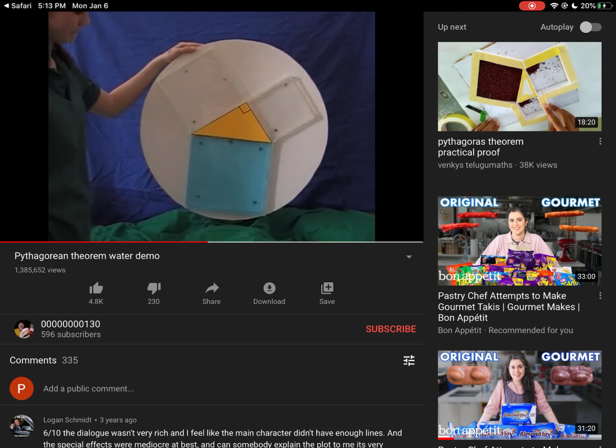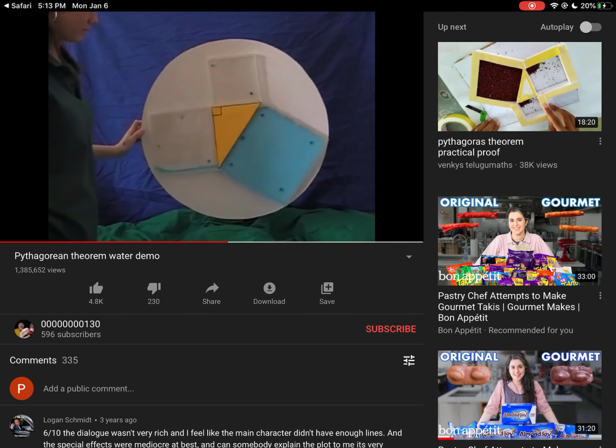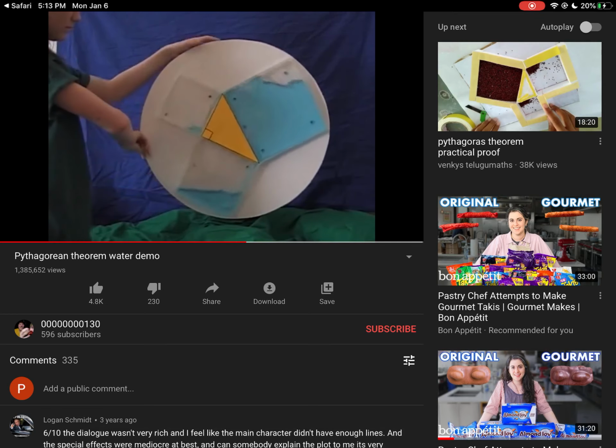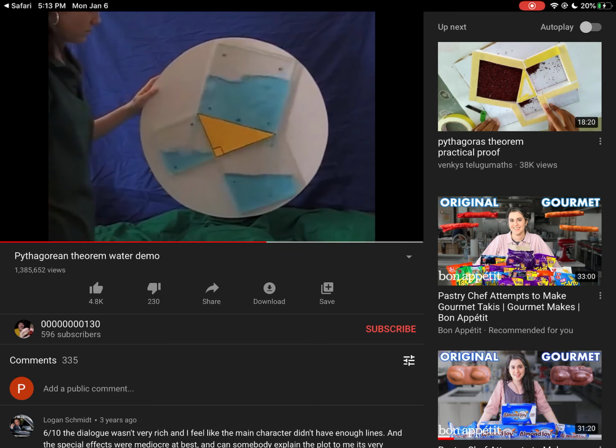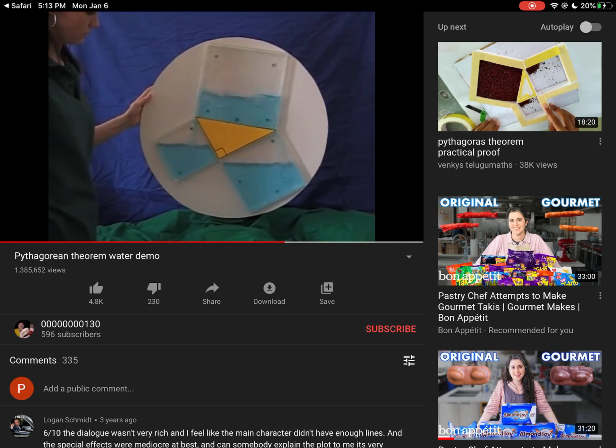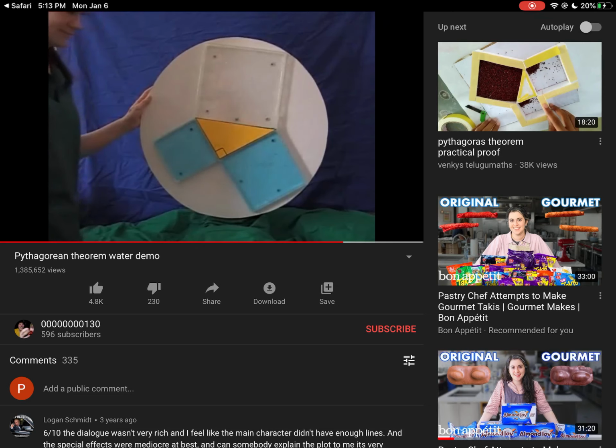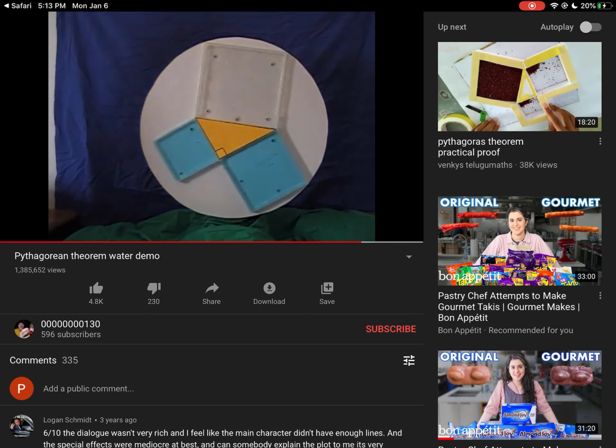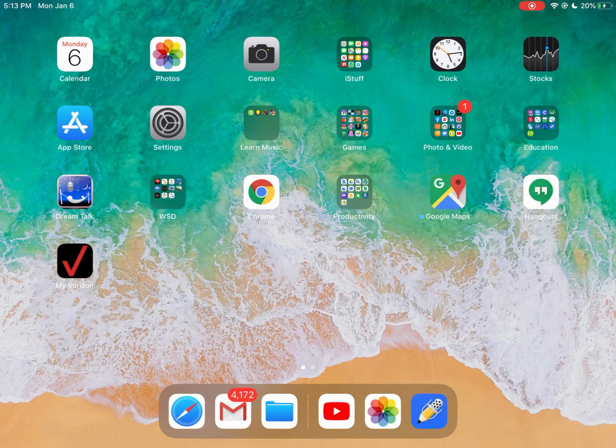C squared now is equal to A squared plus B squared. So this right here is by far my favorite demonstration of how the Pythagorean theorem works. All right, so A squared plus B squared equals C squared. C squared equals A squared plus B squared.